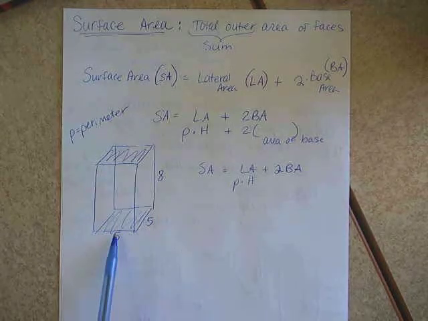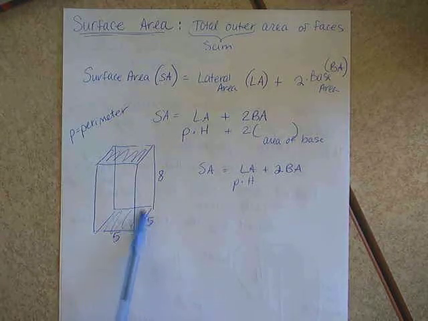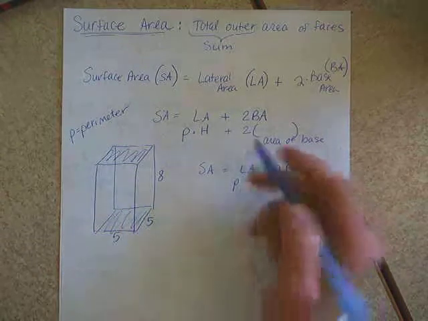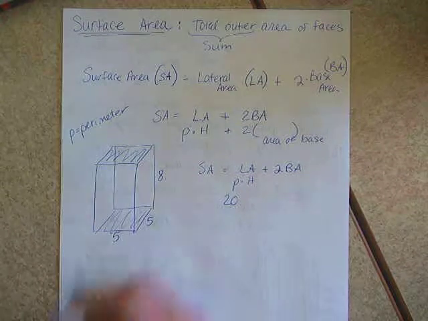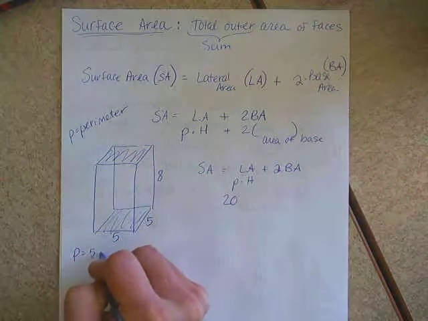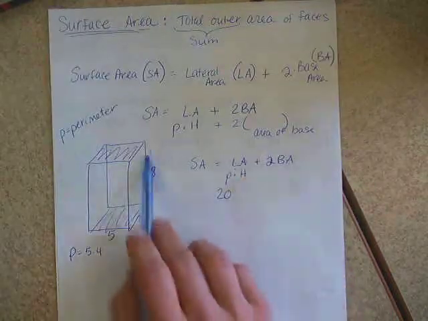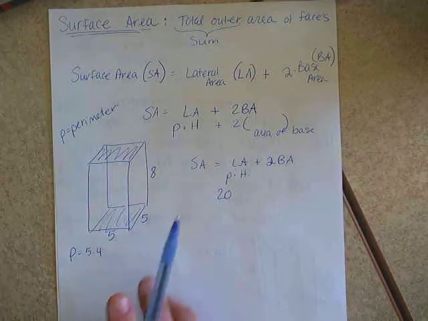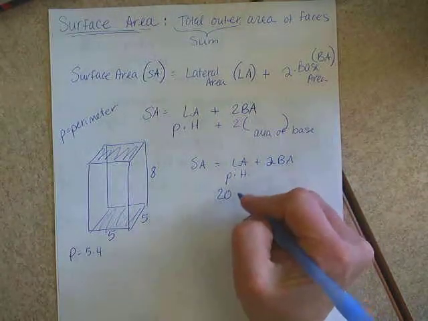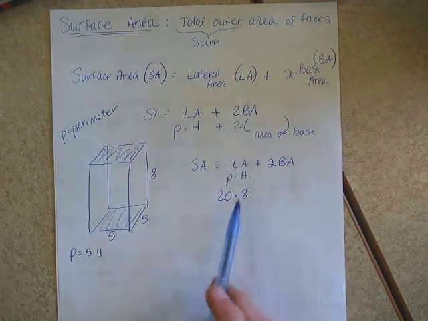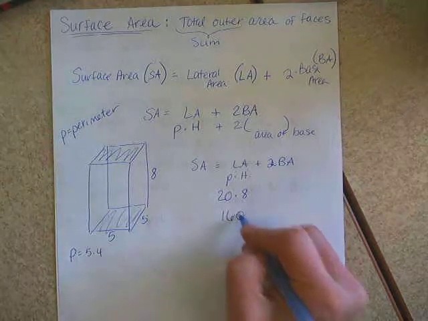Lateral area comes from perimeter times big H. Well, perimeter is the perimeter of your base. What is the perimeter of the base? What shape is my base? It's a square. And the perimeter is the distance around. So what's the distance around? 5 times 4 or 20. Okay, so P equals 5 times 4 in this case.